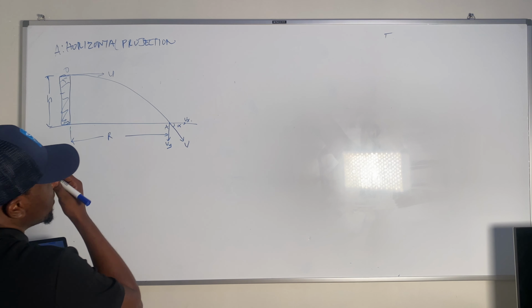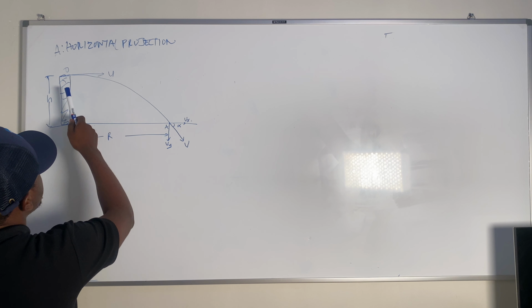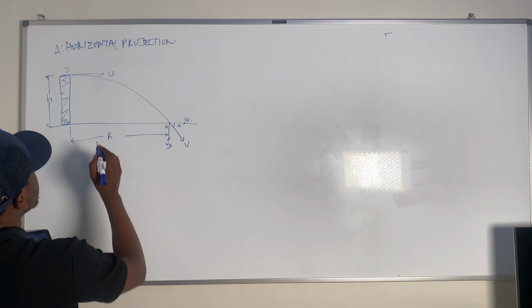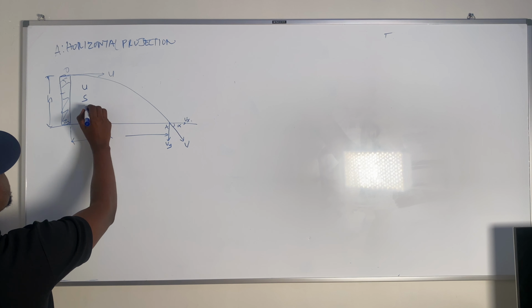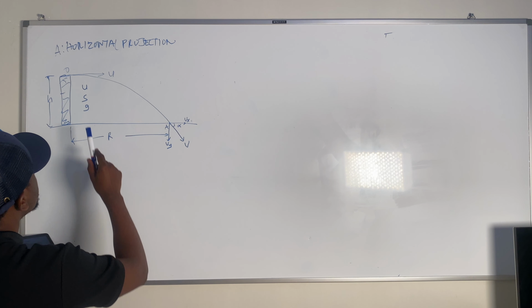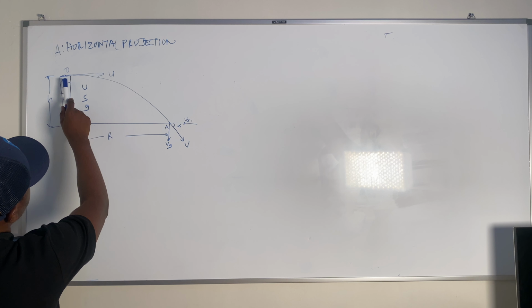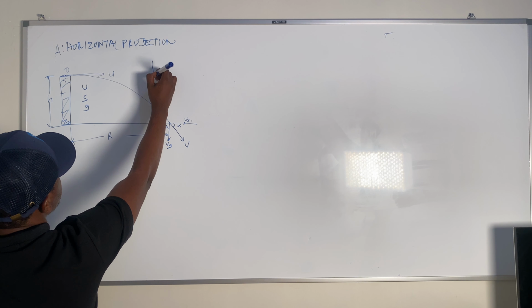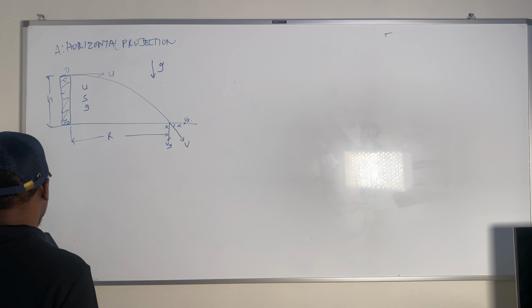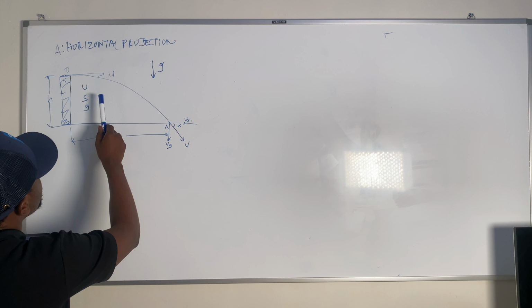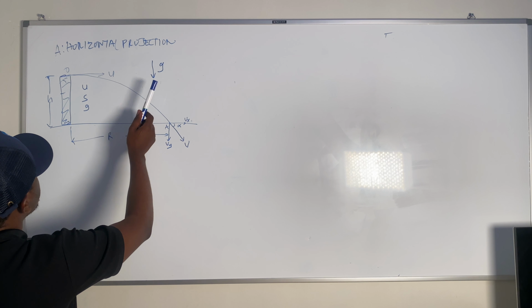So we know when this projectile is traveling, we have the initial velocity u, we have the distance, and we have the g. The direction of g is this one here. So u points toward the positive y.